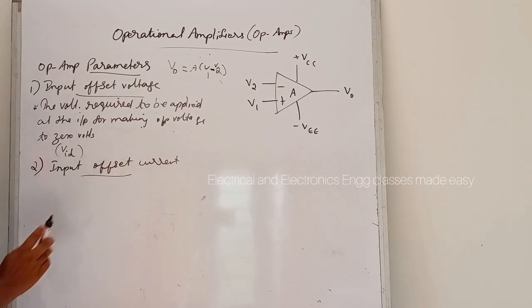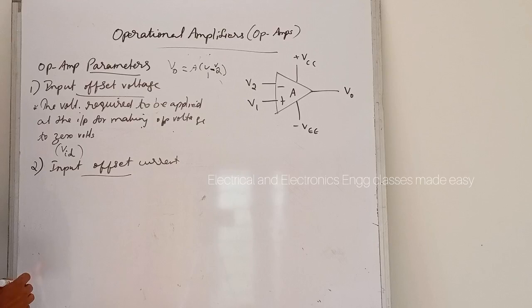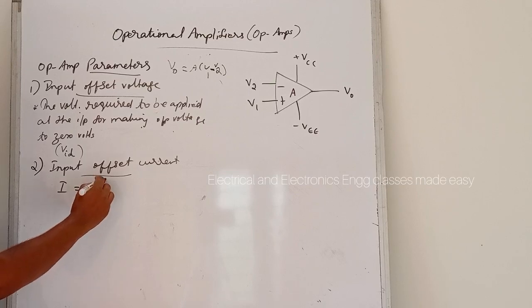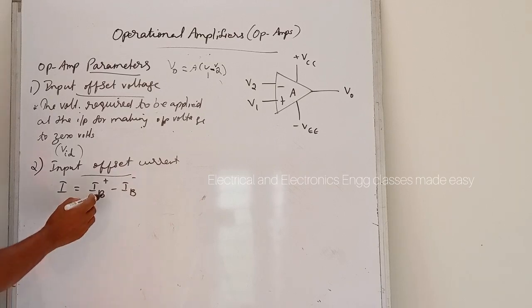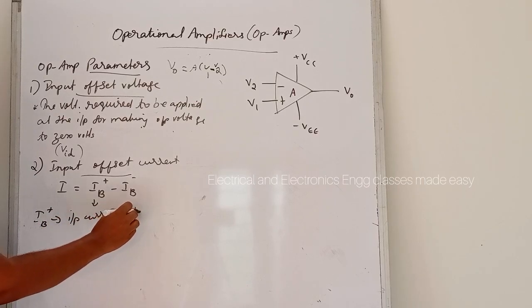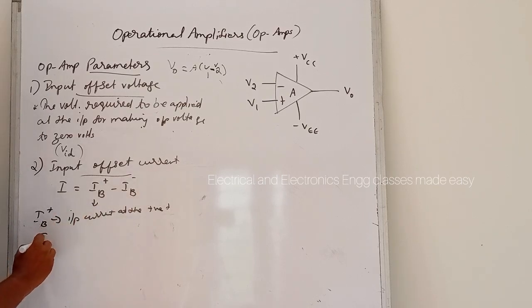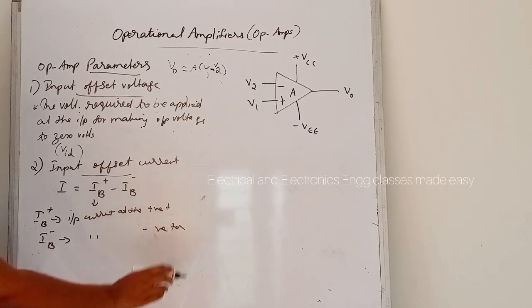Next is input offset current. It is the difference between the two input currents, denoted by I_IO, which is equal to IB plus minus IB minus. That is, IB positive is the input current at the positive terminal, and IB negative is the input current at the negative terminal.